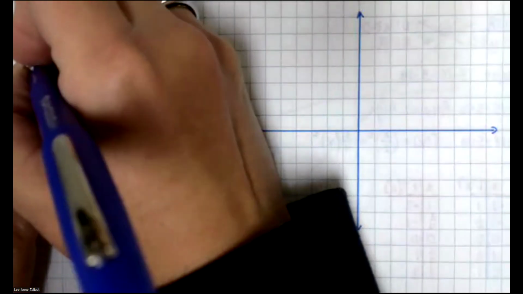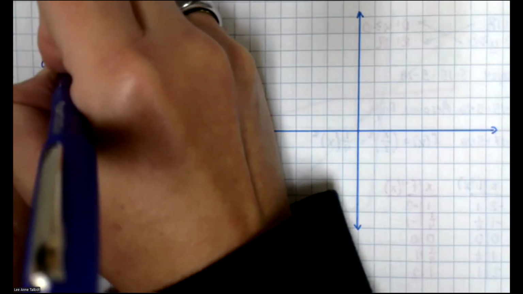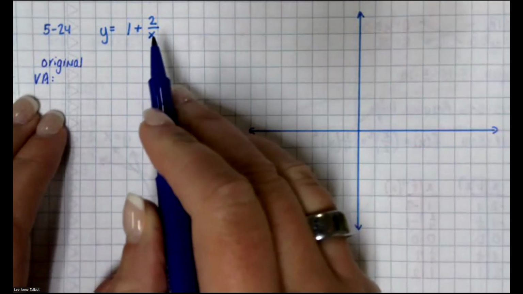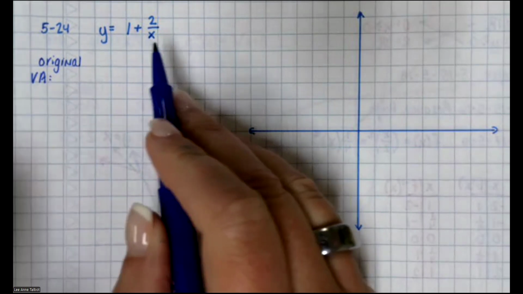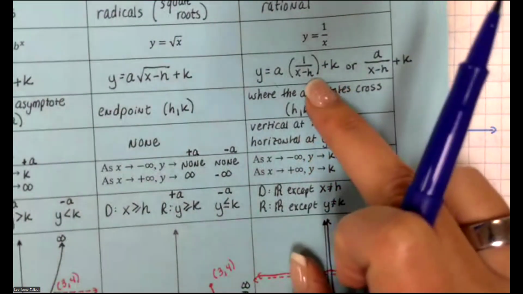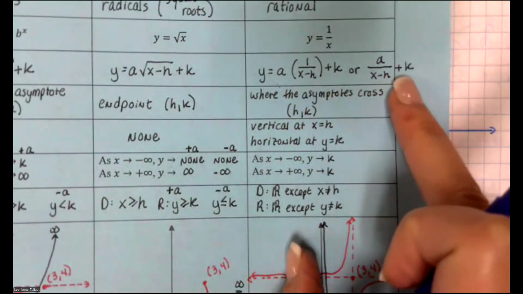Okay, so for the original, where is my vertical asymptote? Let me bring this back over for you. It kind of looks like this guy here.